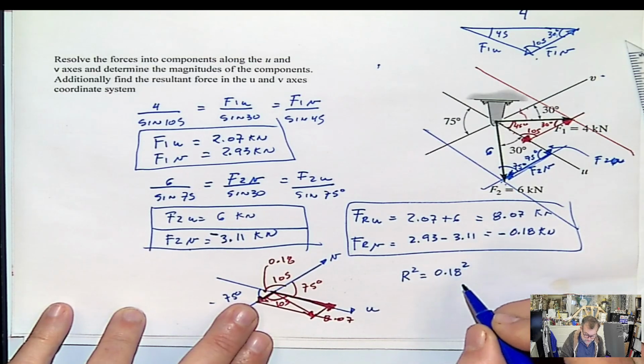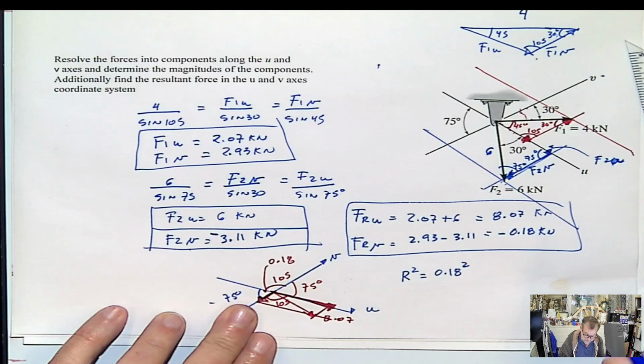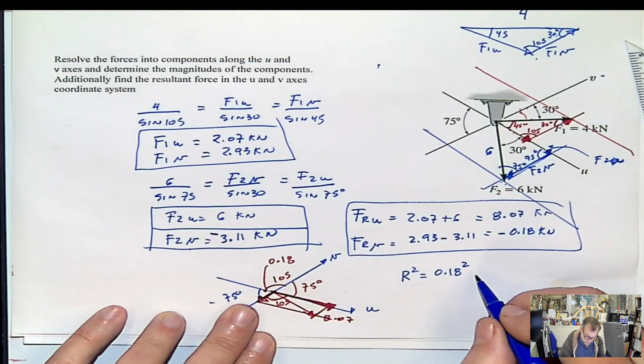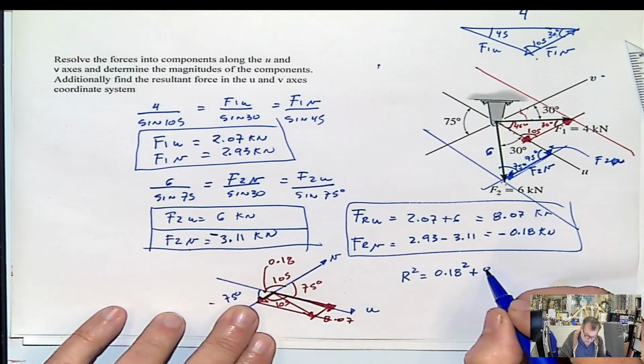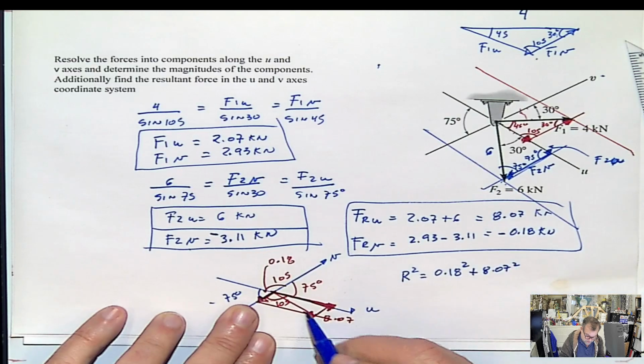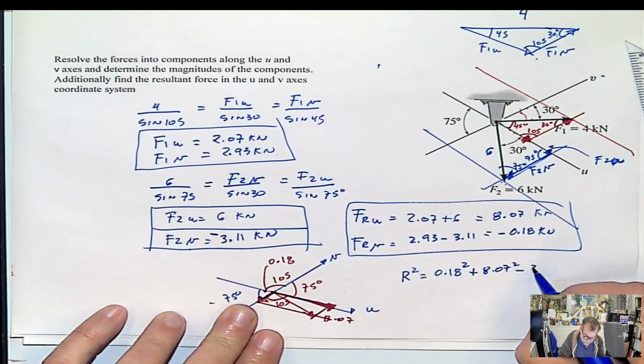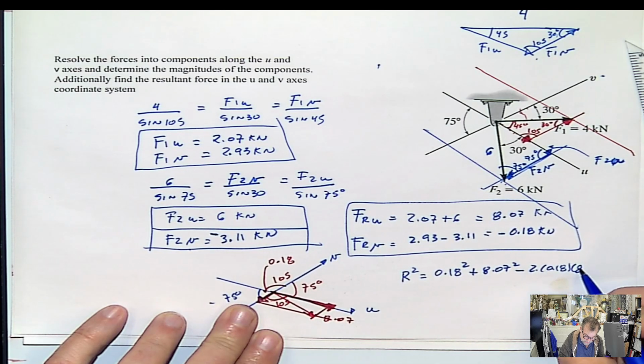Don't include the sign because we're calculating basically distances here, and the sign will be assigned later on. Plus 8.07 squared, which is the other one, minus 2 times 0.18 times 8.07 times cosine of 105.